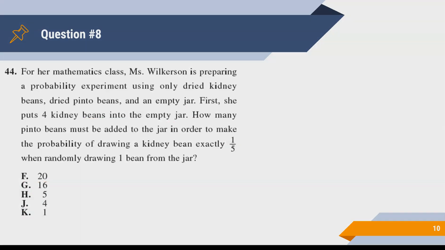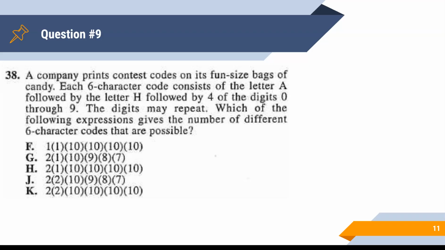Okay, 2 more. For this one, we have a 6-character code, so I'm going to put in 6 spaces. We're told that it starts with an A and then an H. So we have an A here and an H here. And the rest are the digits 0 through 9, and digits may repeat.